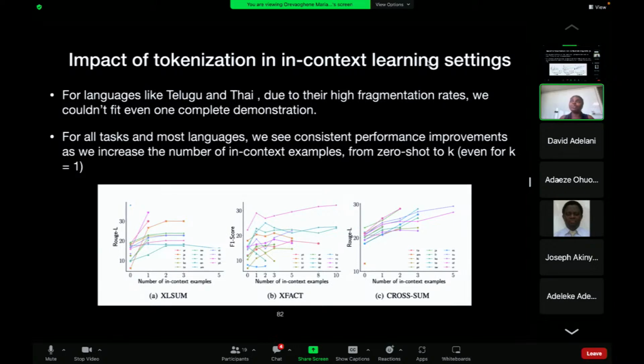So you can only do zero-shot, or sometimes you can't even do zero-shot. And we see consistent performance improvement as you increase the number of in-context examples from zero-shot to K. Even if you have just one in-context example, the model benefits. But where there's no in-context example, you lose.